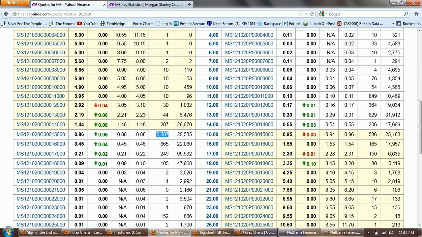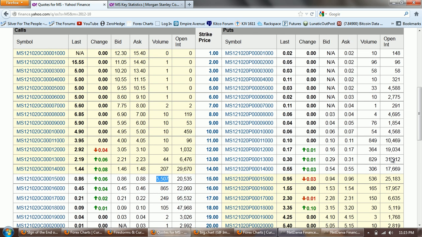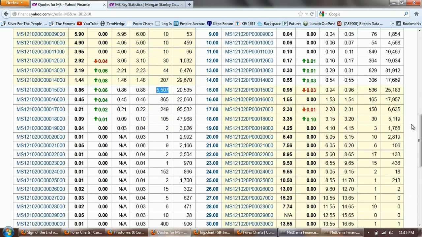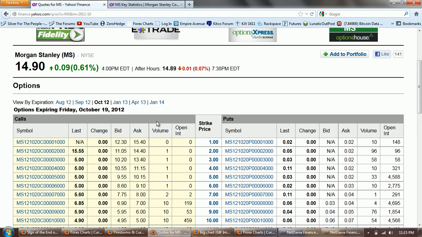You can see in this month we have very decent sized open interest, about even. You can see that except for this strike of 17, with 95,000 open interest on the calls, only 6,000 on the puts. But otherwise, things are fairly even, and we don't have much activity. So let's move out to the January 13.